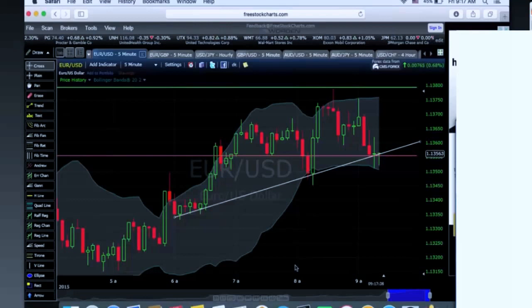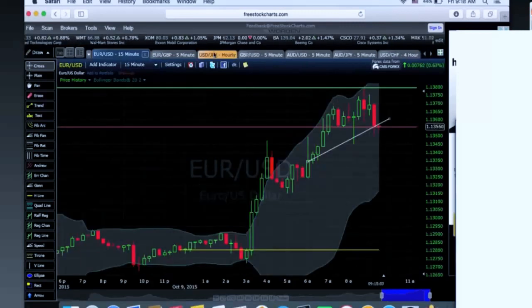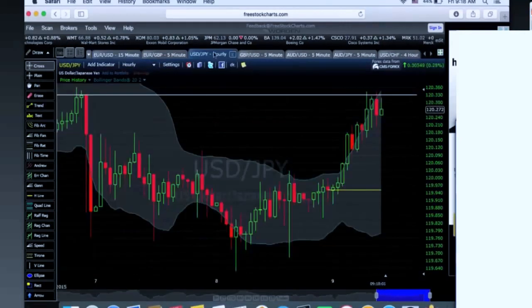Now, if it comes down again, guys, which I think it will, it's going to make another correction, come back down, and most likely go back up again. If you see Euro USD JPY again on an hourly, it looks ready to push back up, which means Euro USD will come down for an entry.